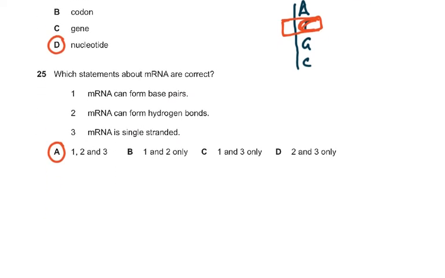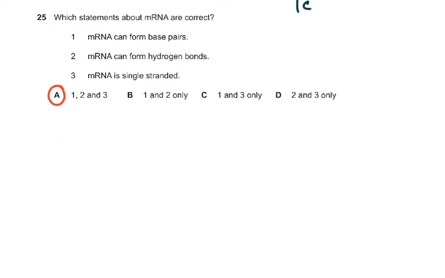Then question number 25. Which statements about mRNA are correct? mRNA can form base pairs, yes, with the DNA template strand. Then mRNA can form hydrogen bonds, yes. mRNA is single-stranded, yes. So what we have to understand is that 1, 2, and 3 are all correct. It was all 3.